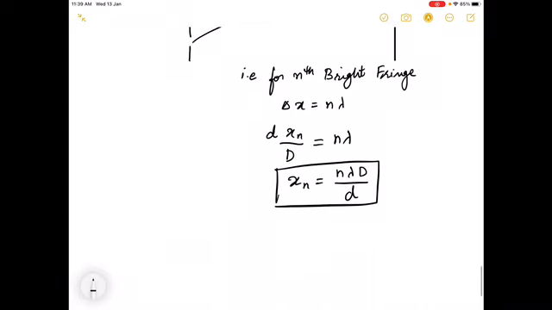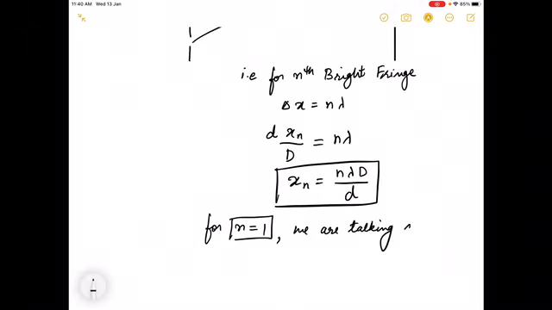For n equal to 1, what does it mean? We are talking about the first bright fringe.